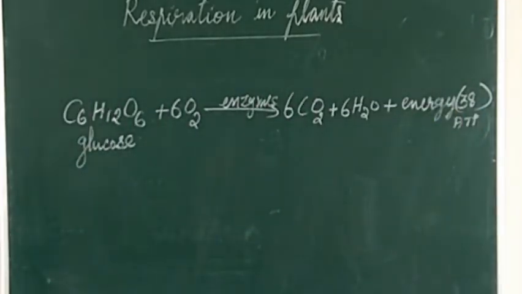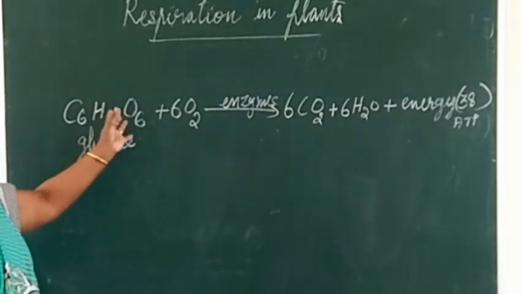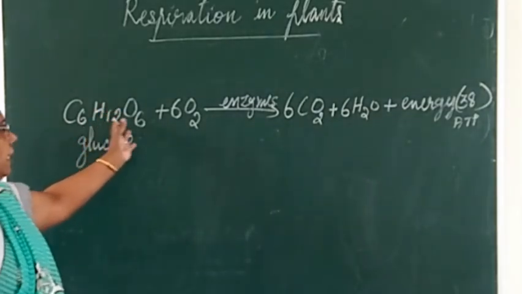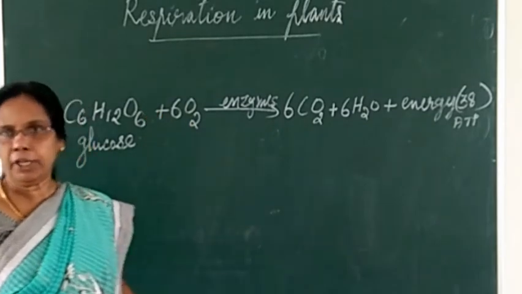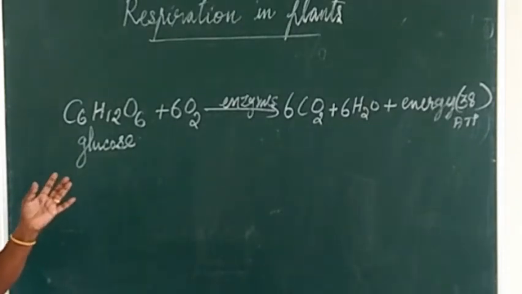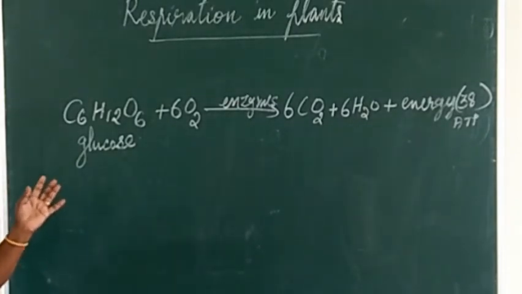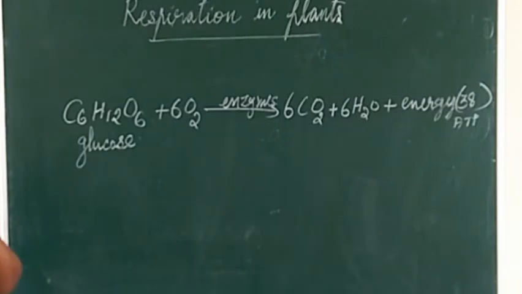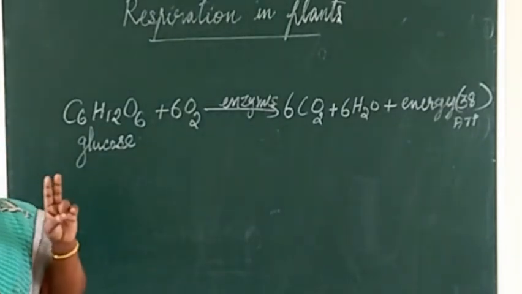We will study this now. When we represent the breaking down of glucose in an equation, it is shown in a single equation. But it does not happen in a single step. It happens in several steps, mainly in two phases. What are these two phases?